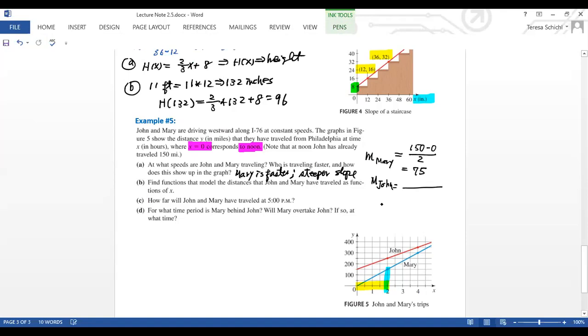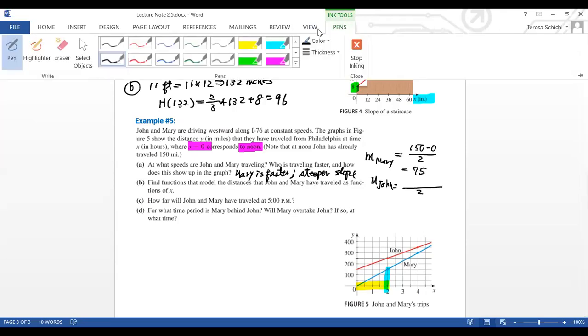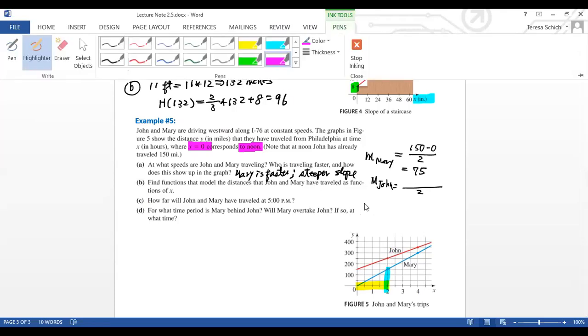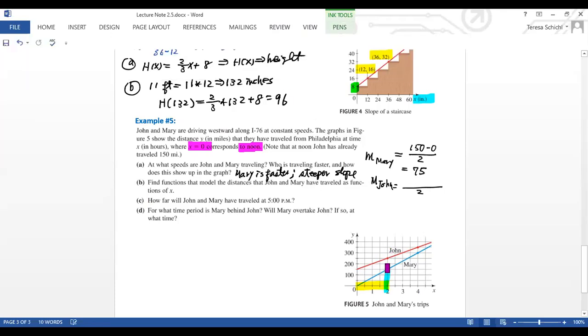So the slope for John, the run is still 2, right? Let's see how much John rises here. John starts here, so it rises from here to here. John rises from 150 to 250, so it's 250 minus 150.